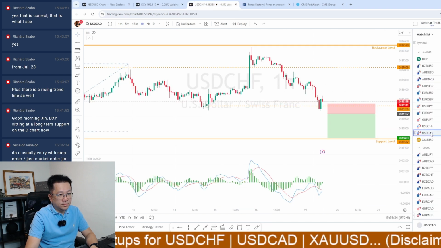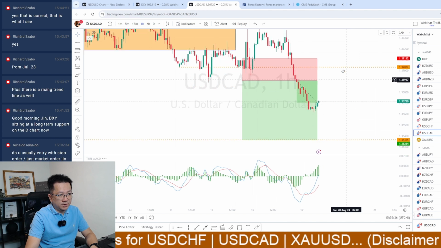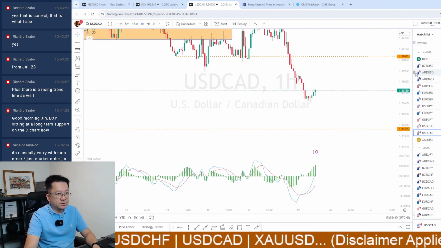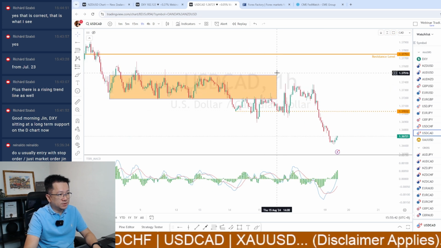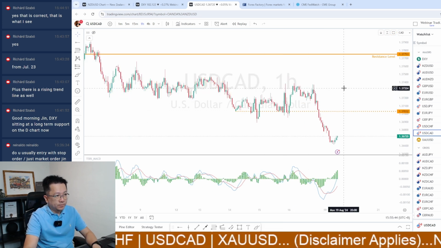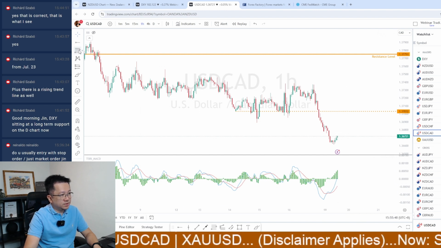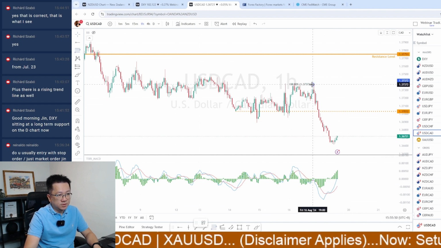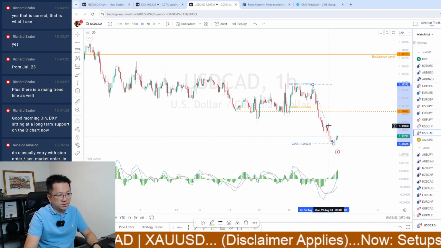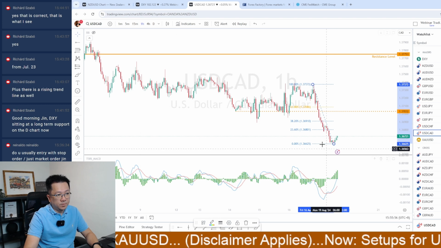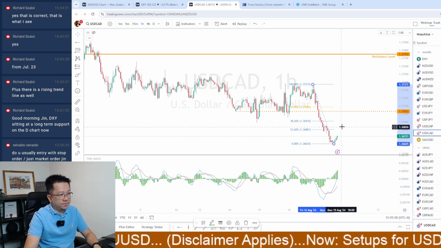Then onto the US CAD, it's done well, pushed down. Now looking like it's retracing slightly, right? Crossover, we're seeing that retracement. Looking at that area.